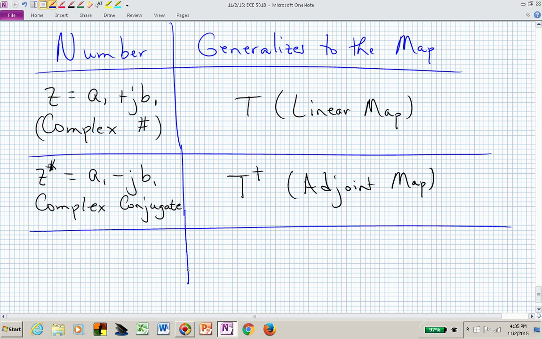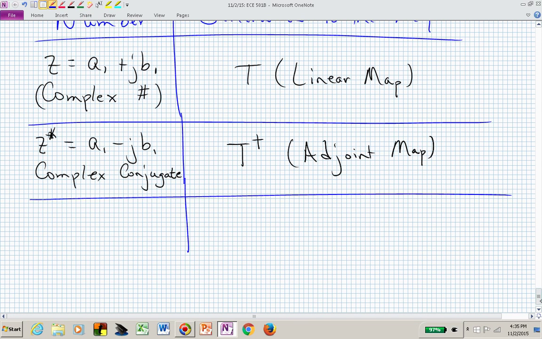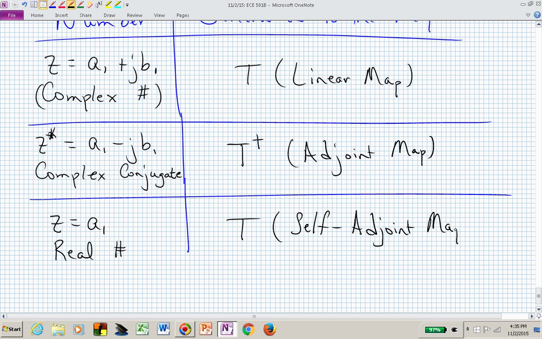And the last of our associations was if we had now z equaling just a1, or a real number, what kind of a map did that translate into or generalize to? That's a self-adjoint map. Now our map T is a self-adjoint map.